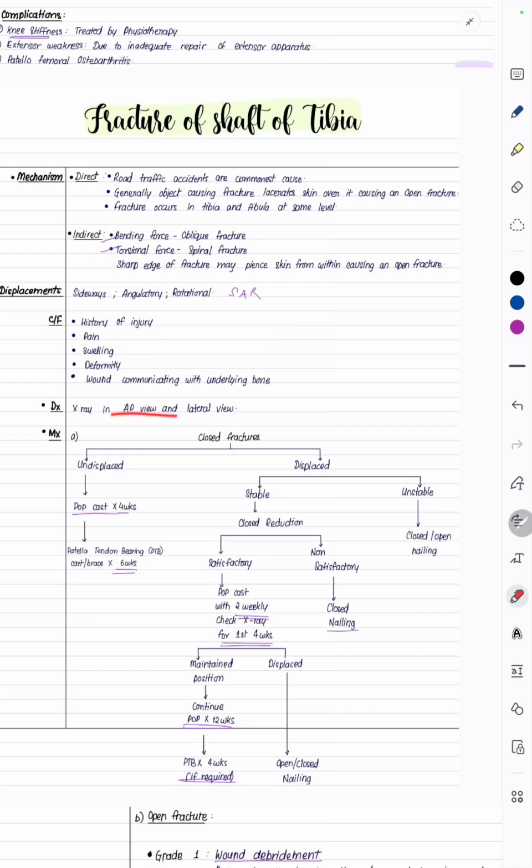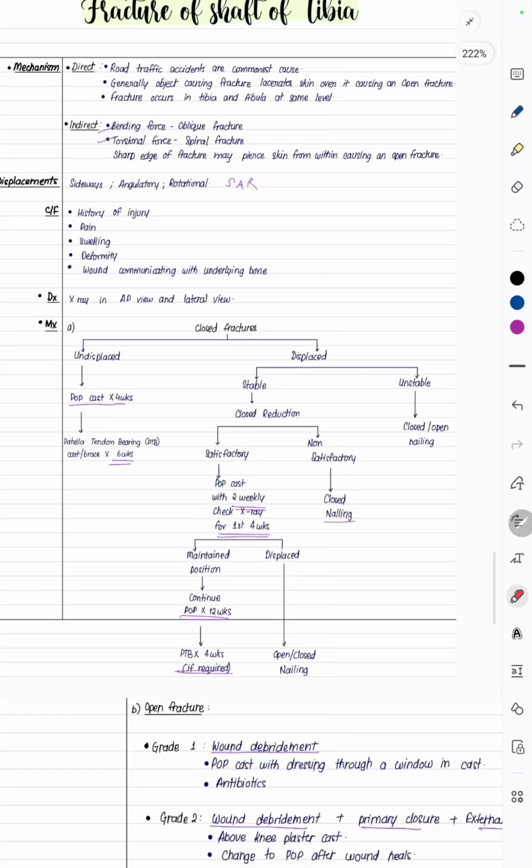Diagnosis: X-ray, AP view and lateral view. Now if it is a closed fracture and it is undisplaced, then a POP cast is used for 4 weeks, followed by a patellar tendon bearing cast for 6 weeks. If it's a displaced fracture and the patient is stable, then closed reduction is done under general anesthesia.